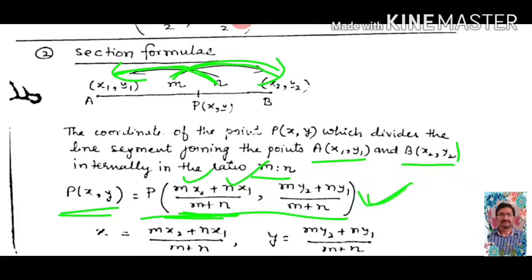So this is the coordinate of this point P. Now if you compare, you will write x equal to m x2 plus n x1 upon m plus n, and y is m y2 plus n y1 upon m plus n. This is a very important formula, and it is called the section formula.